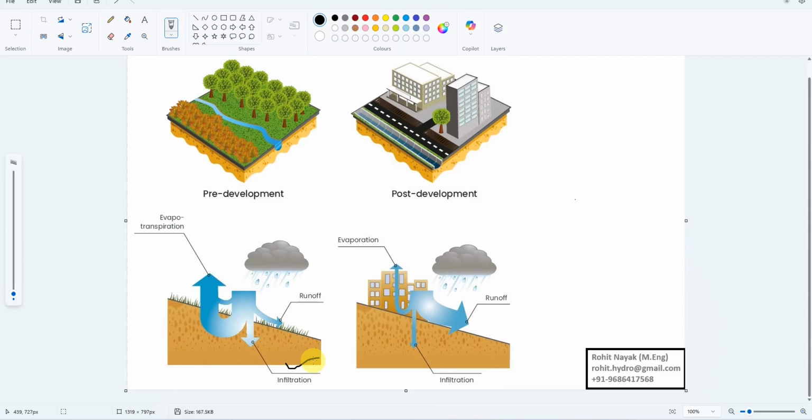The second one is evapotranspiration, which is the transpiration from the plant roots and leaves and the soil in the vicinity of the plant. Those are the two major losses we can observe in a natural softscape site.